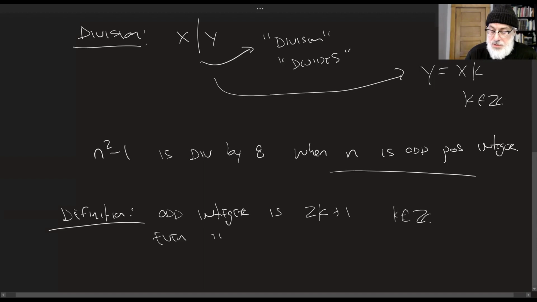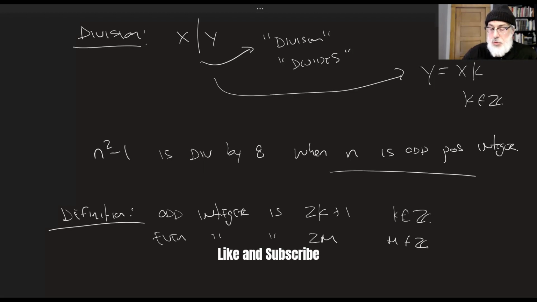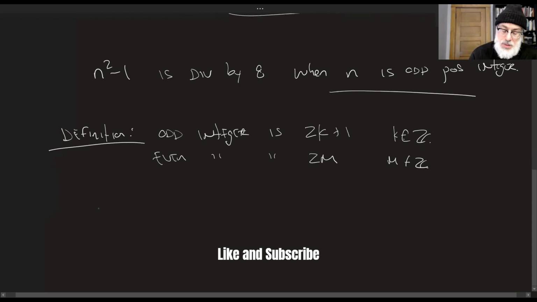And an even integer is, say, 2m, where m is an integer. So these are definitions. This is how we define odd and even integers. So we can do the same here. We can define n. But let's first start our proof, because this will have to be part of the proof. We'll say by induction.